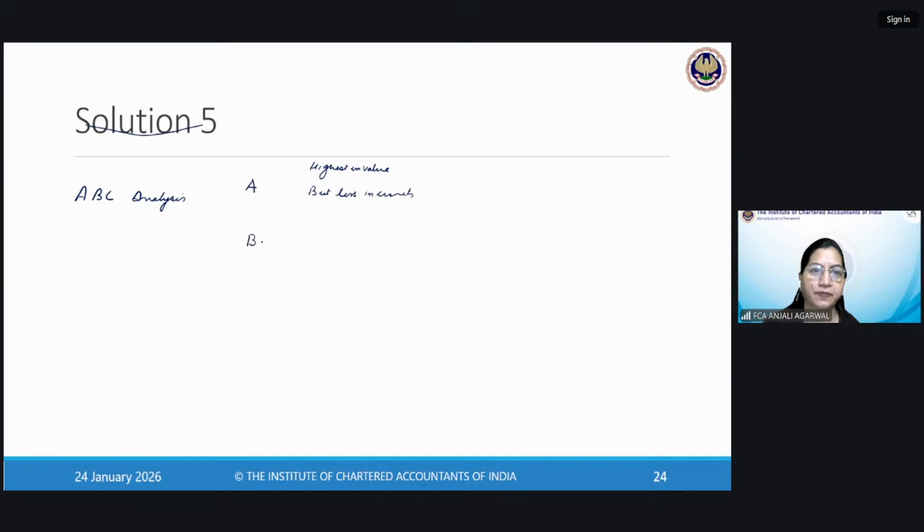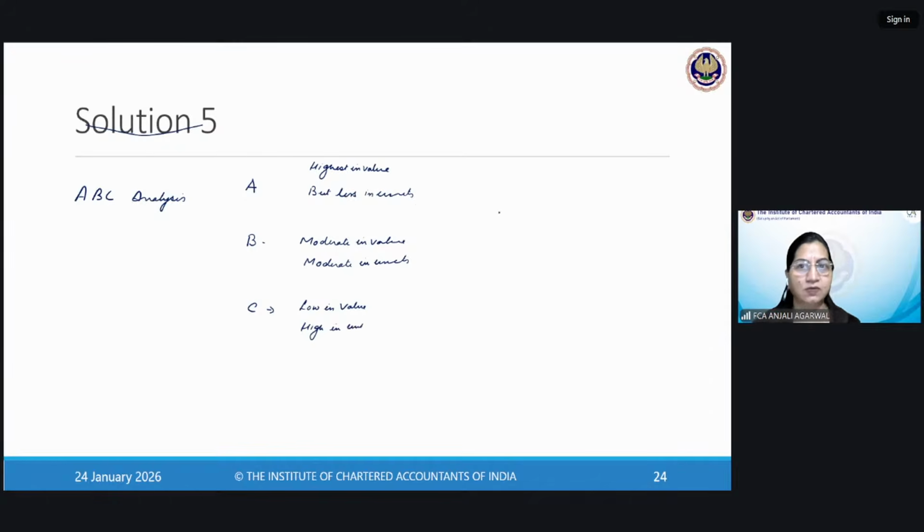Category B, moderate in value, moderate in units. And category C, which is low in value, high in units.